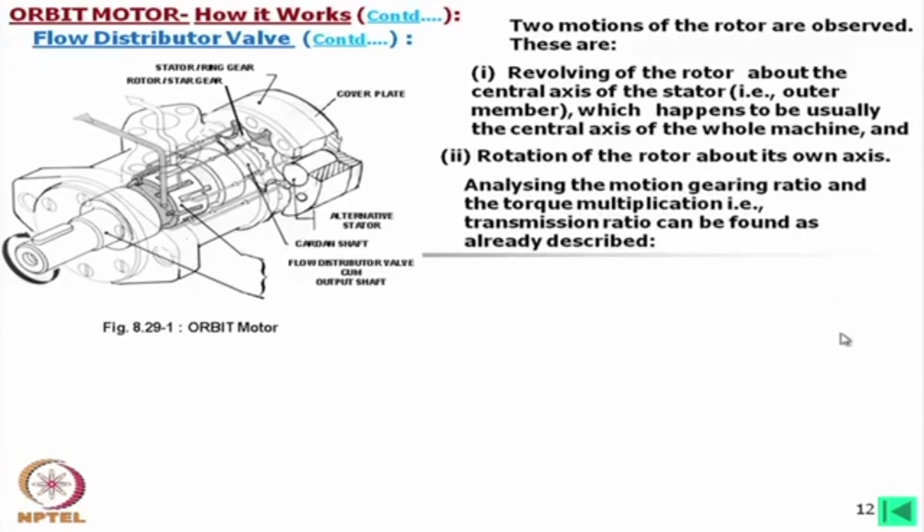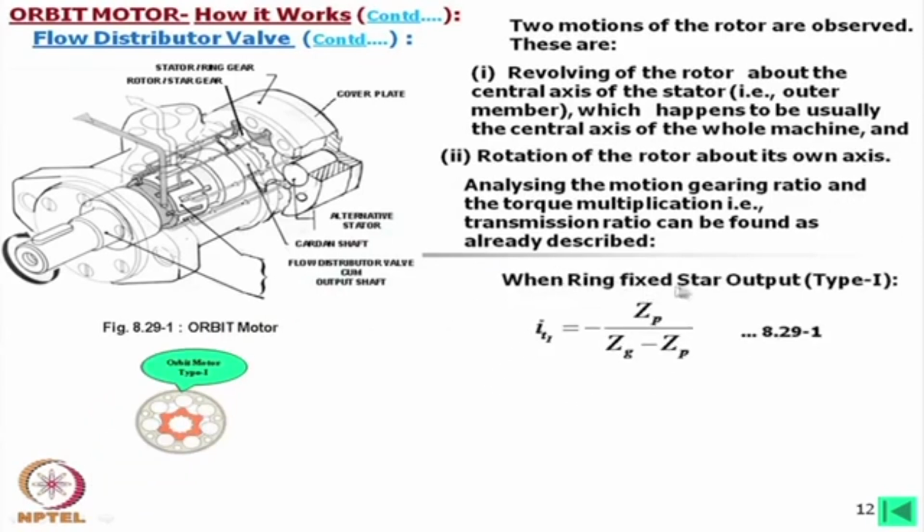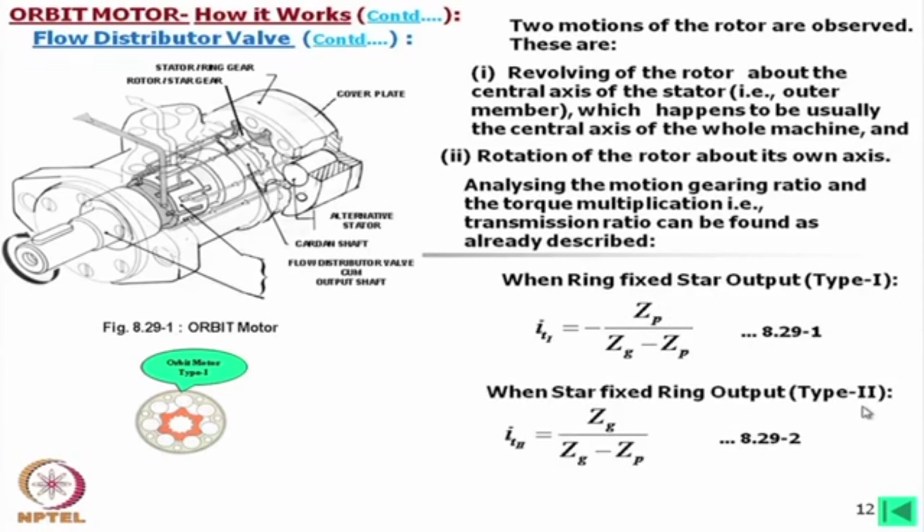Analyzing this motion, gearing ratio and the torque multiplication, that is transmission ratio, can be found as already described. When the ring is fixed and the star is output, type 1, the transmission ratio is the number of lobes of the star member divided by the difference, and when the star is fixed and the ring is output, then it is the number of lobes of the ring divided by the difference.